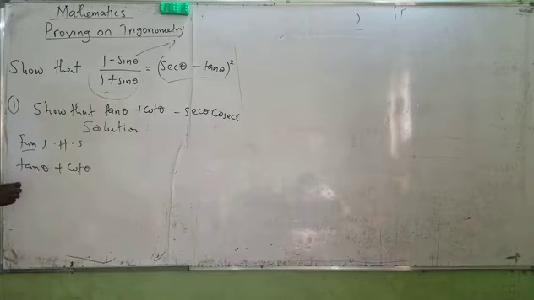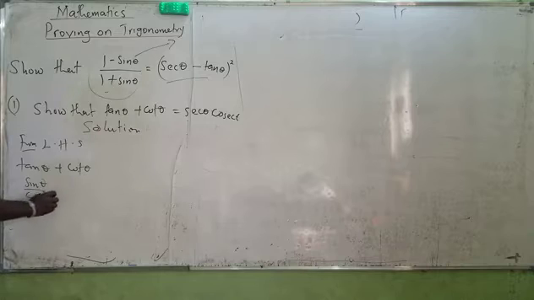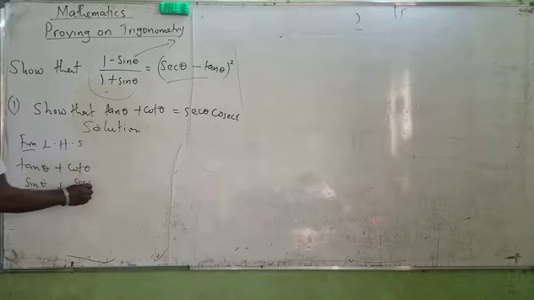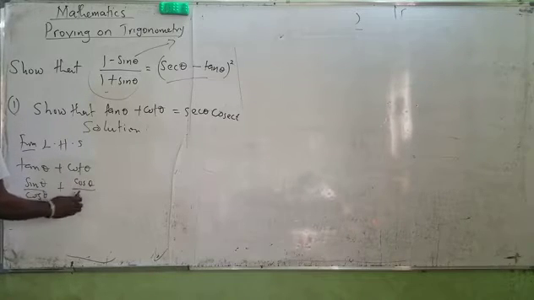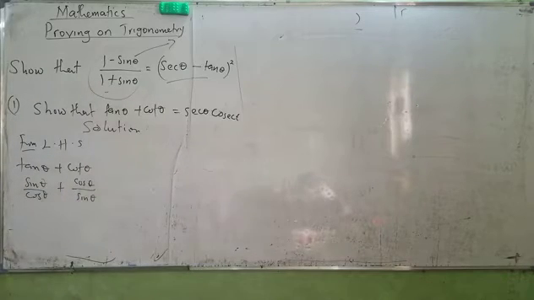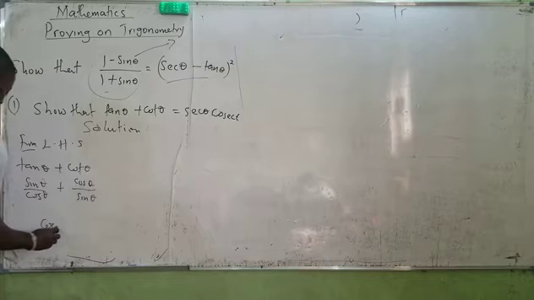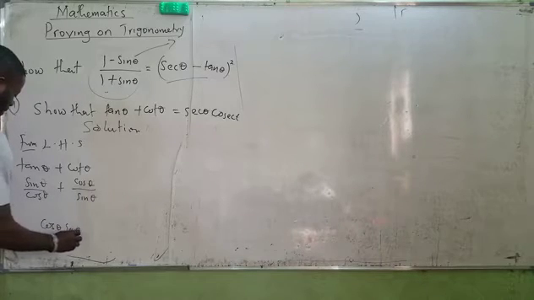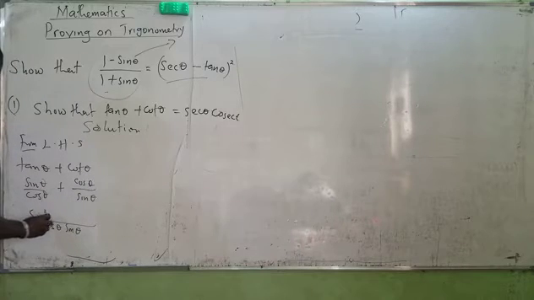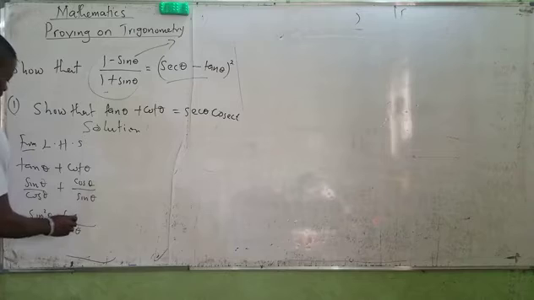We are told that tan is sine all over cos, and plus cot here will give me cos all over sine. Now, by so doing this, I will have sine square theta plus cos square theta.